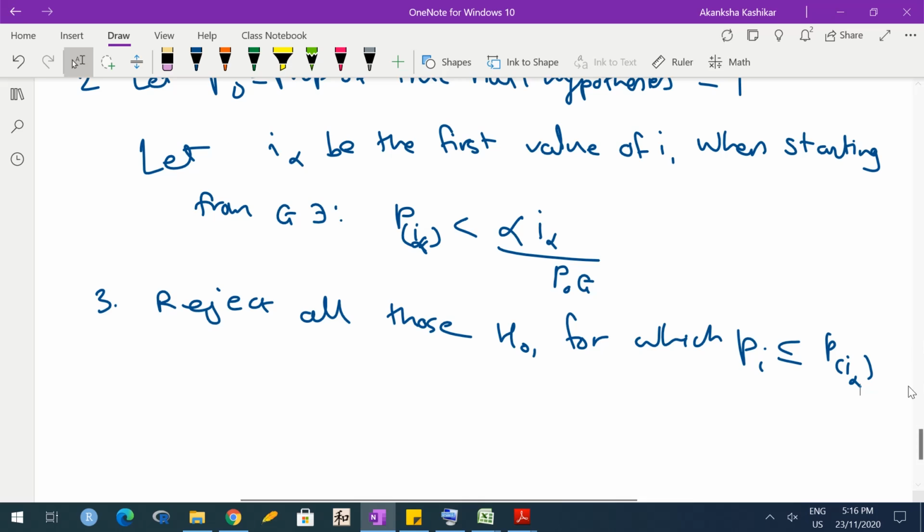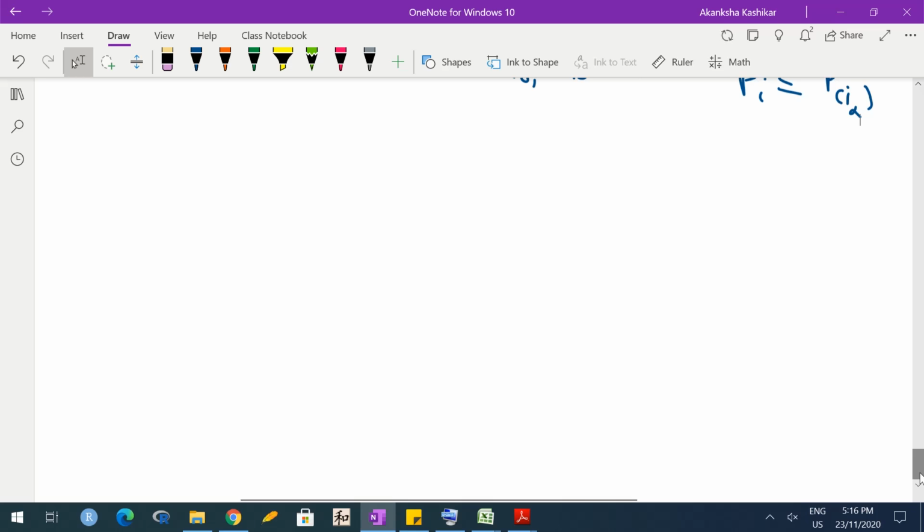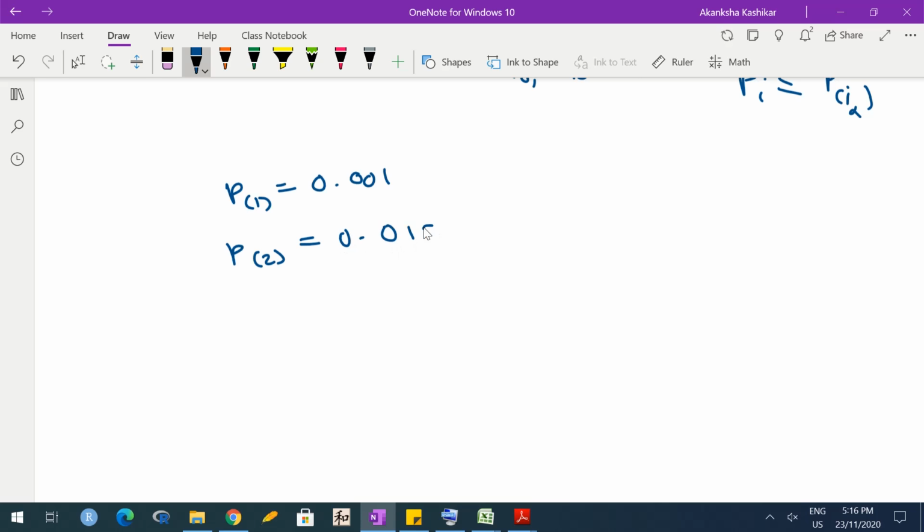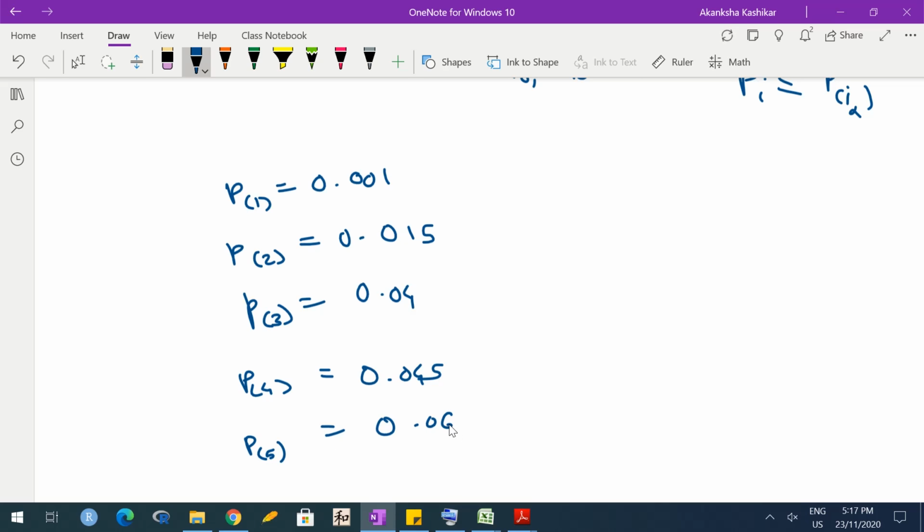So let me try to give some example. Suppose we have 5 null hypotheses, and let us arrange their p-values in ascending order. Suppose the ordered p-values are p1 is equal to 0.001, p2 is equal to 0.015, p3 is 0.04, p4 is 0.045 and p5 is 0.06.